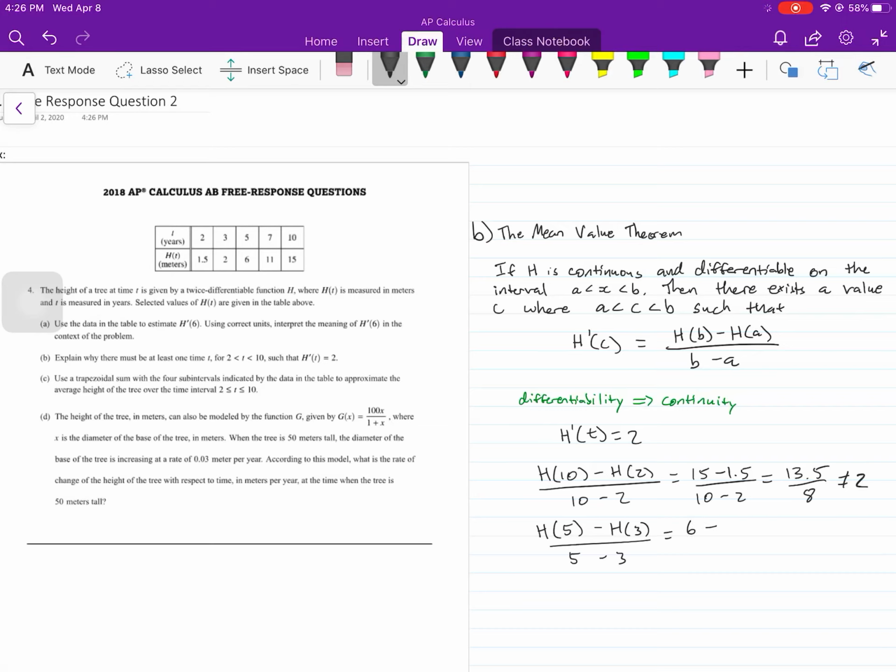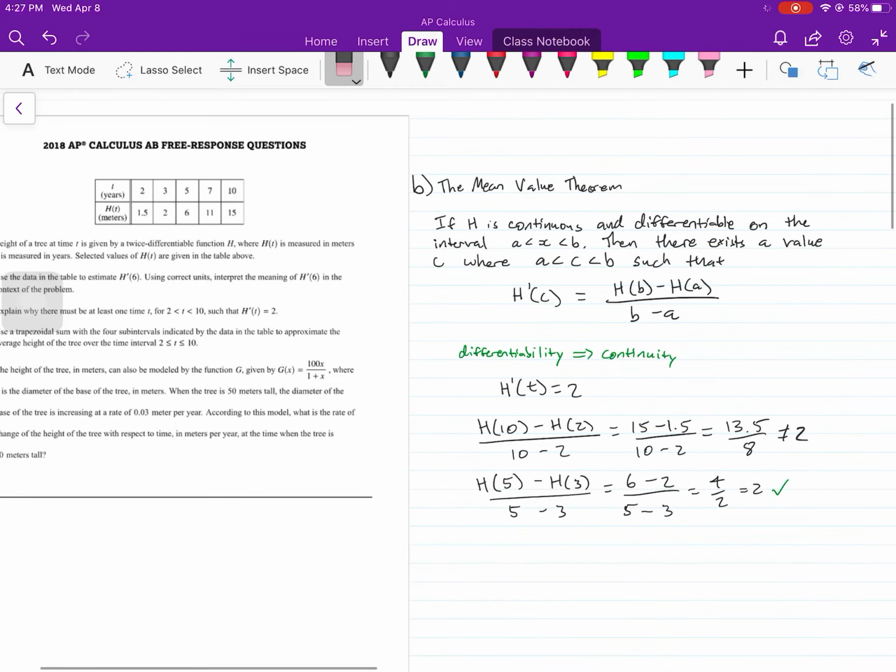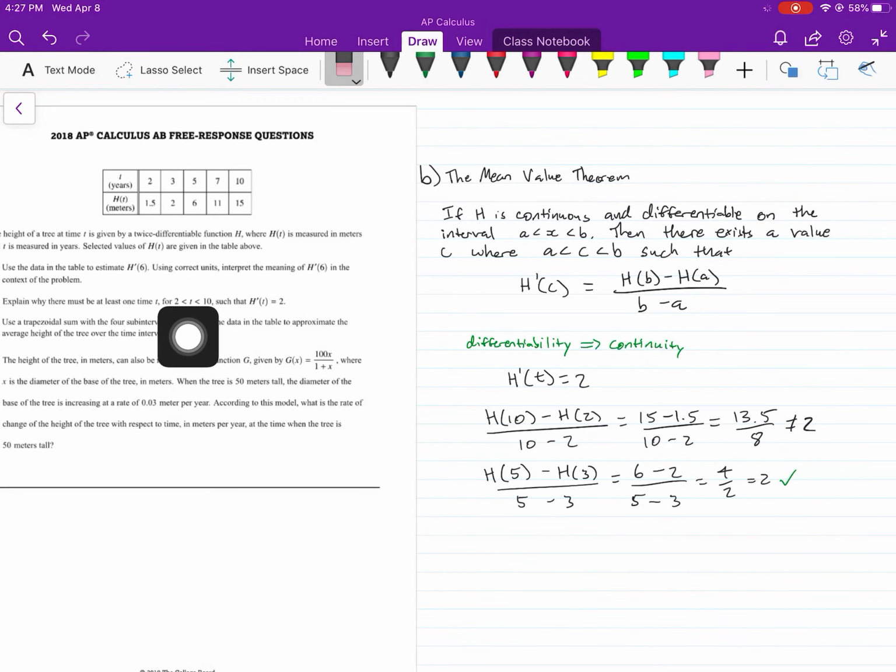Well, h of 5 is 6, minus 2, over 5 minus 3, equals 4 over 2, and guess what? That equals 2. So bingo, that works. So that checks off. So what does this mean? Is there somewhere between 2 and 10 where our derivative equals 2? Well, yeah, on the interval from 3 to 5.